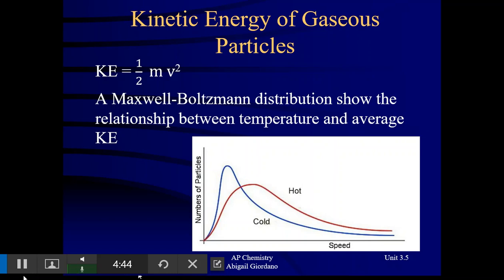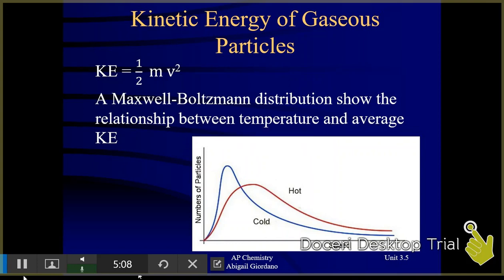Sometimes you'll see the y-axis labeled with something like frequency factor, or percentage. It essentially means how many particles have that speed within a sample. And if you look at the blue curve, where the temperature is low, this would be a sample of a cold gas.